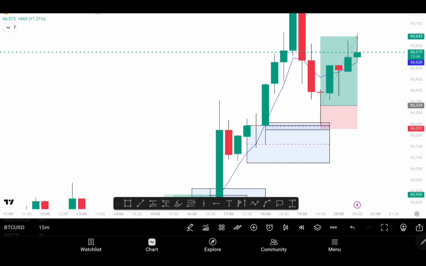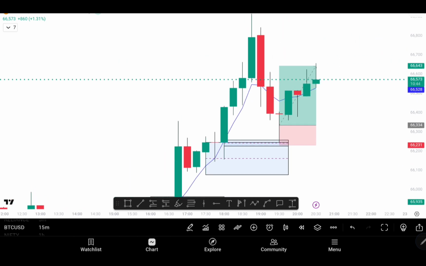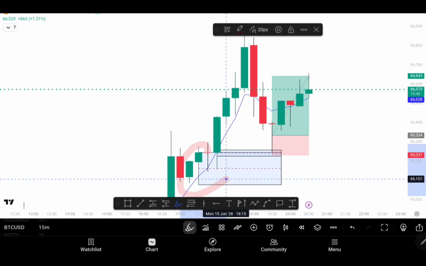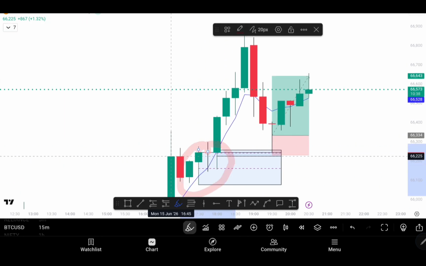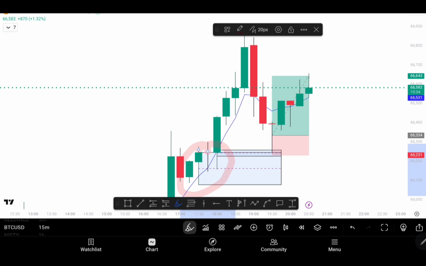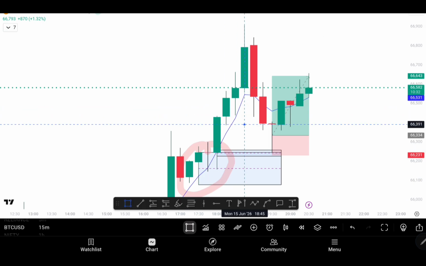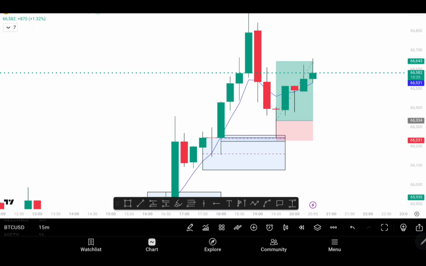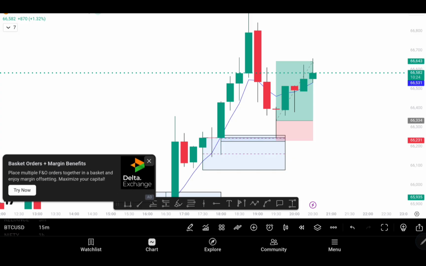I have marked this demand zone here. If you see this demand zone, we have followed our rules. Our rules are simple. Just consider those demand zones only on the higher time frame. Our higher time frame is 15 minutes here.